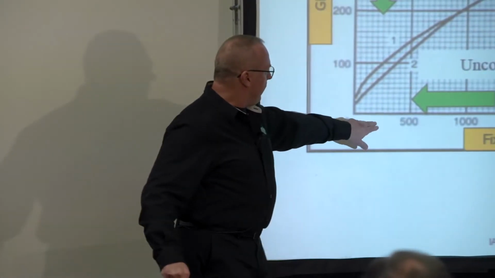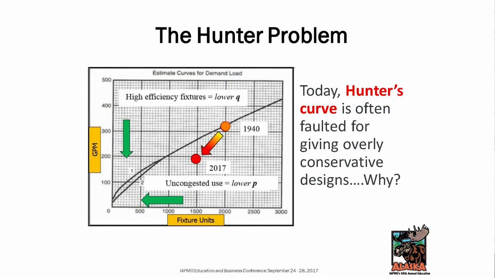So out of 6 flush valve toilets, only 2. And there's only a 1% chance that 3 will flush at the same time. There's even less than that for 4, maybe 0.1%. So that's really a good factor of safety. So he plotted points. Originally, figure that these are 50, 100, 150.